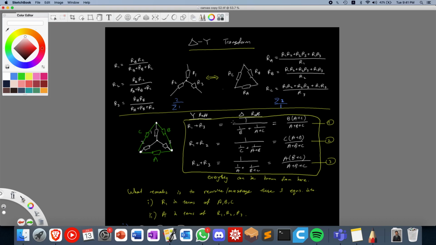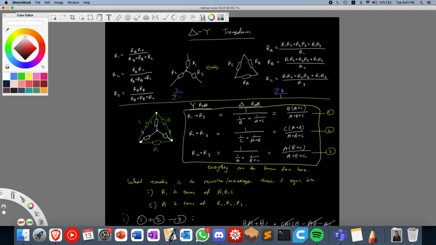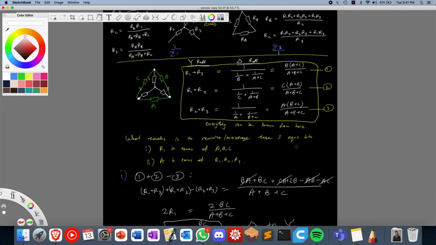I hope this makes it clearer to you how you can derive it, and actually it's not that scary after all. In summary, the steps that we took: first we drew the diagram, then we calculated the effective resistance between any pair of these 3 points. There's 3 choose 2, which is 3, so there are 3 equations, and then we want to write the R1, R2, R3 in terms of ABC, which is easy because we already have it linearly added here.